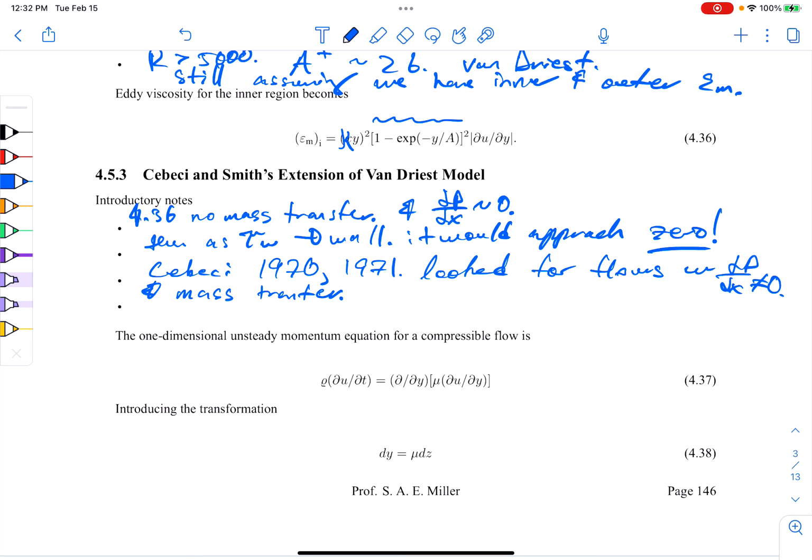Because some of these boundary layers are stabilized with suction and blowing ports. So if you look at early SR-71s, and some of these engine designs, they actually have a suction system to keep the compressible turbulent boundary layer attached to the wall in the inlet geometry. So this was absolutely essential to have this capability. And, oh yeah, I should also mention something that wasn't really identified or cared about before, is heat transfer.